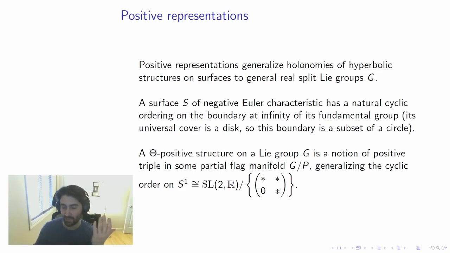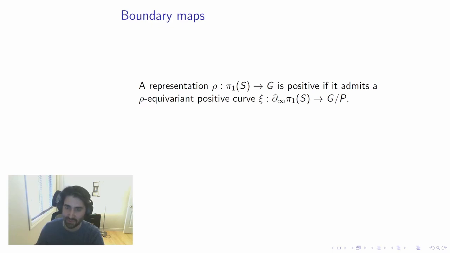It turns out that there's something like this in SLNR for every n, but the cyclic order is a bit weaker in the sense that it's more like a partial order. So not every triple of flags is either positive or negative, as in the circle. Sometimes it's neither. But you can still define positive representations using this.